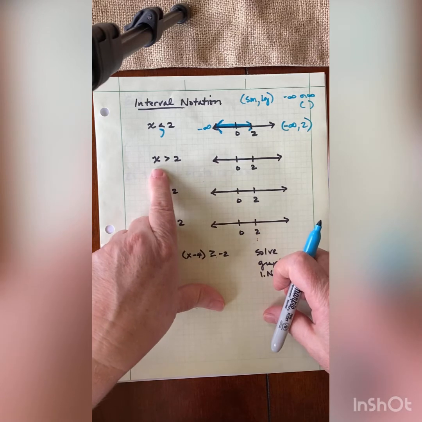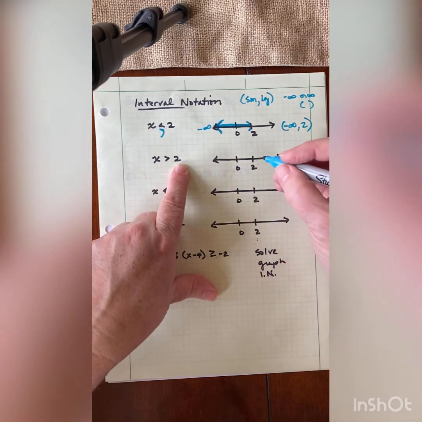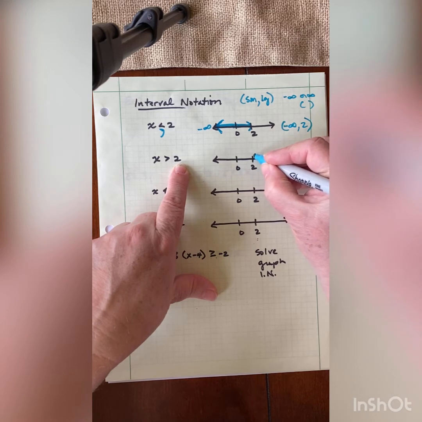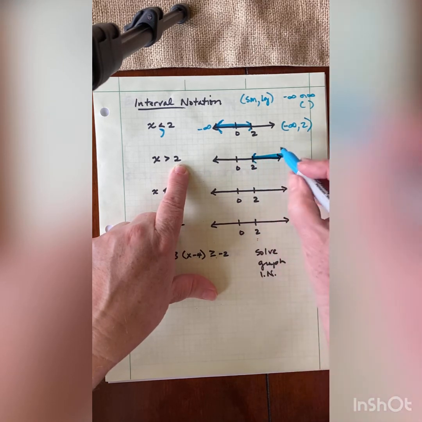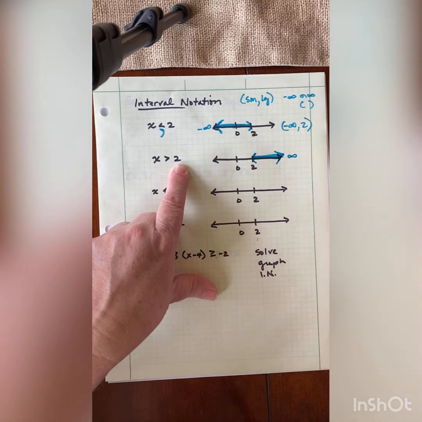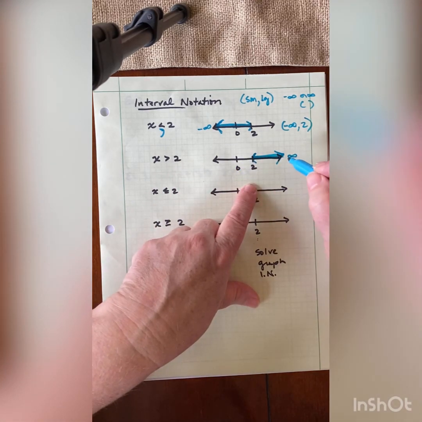All right, let's take a look at this next one. x is greater than 2. So at 2, I'm going to use a parenthesis. It goes pointing up in that direction, okay? What's way over here? Oh, that's infinity. Okay, so let's write this in interval notation.